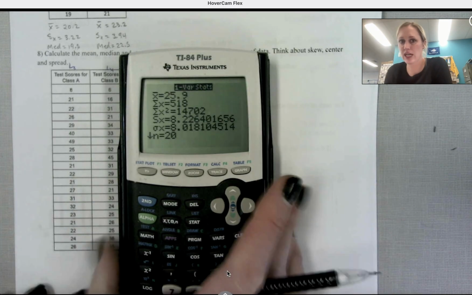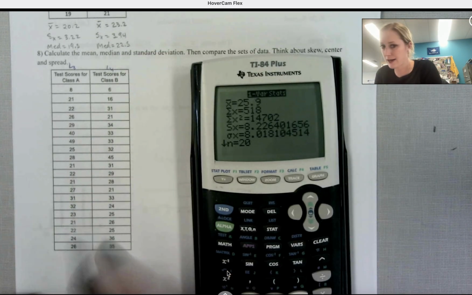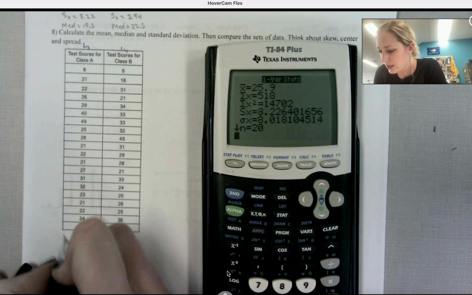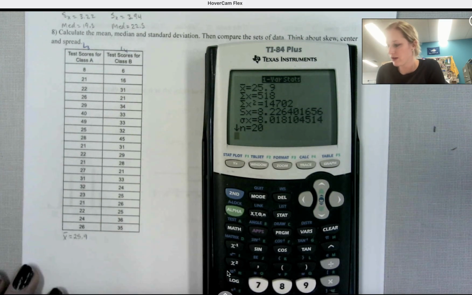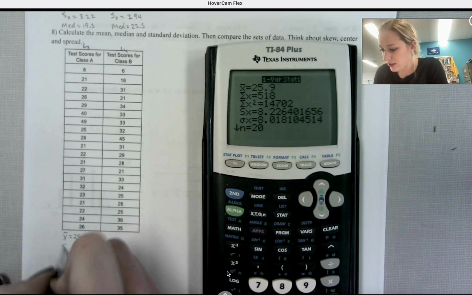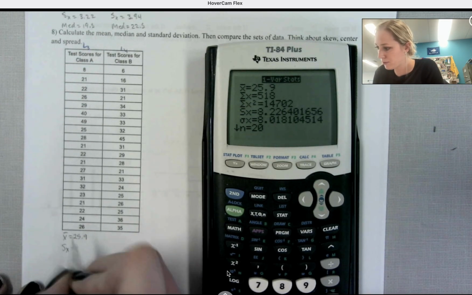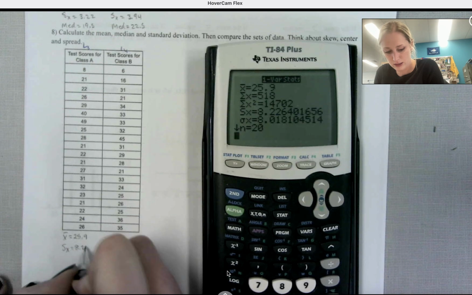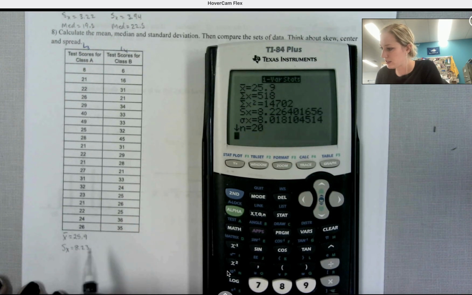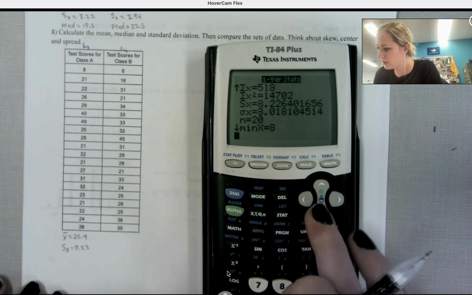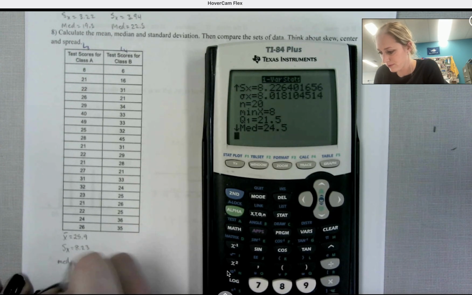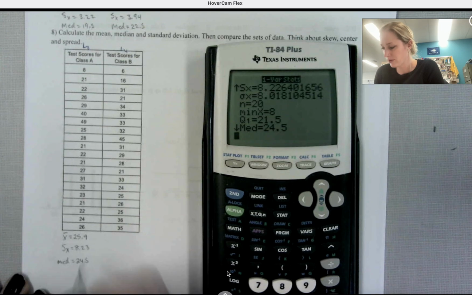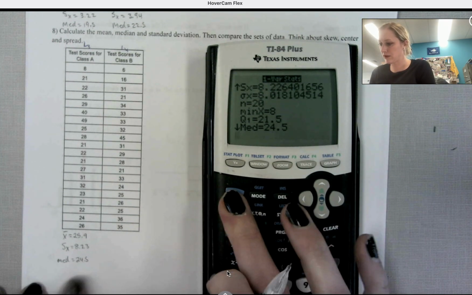Okay, and I'm going to get those same pieces of information. So we've got the mean is 25.9. Okay, the standard deviation is 8.23. And the median is 24.5. Okay, now I'm going to do the same thing for list 4.